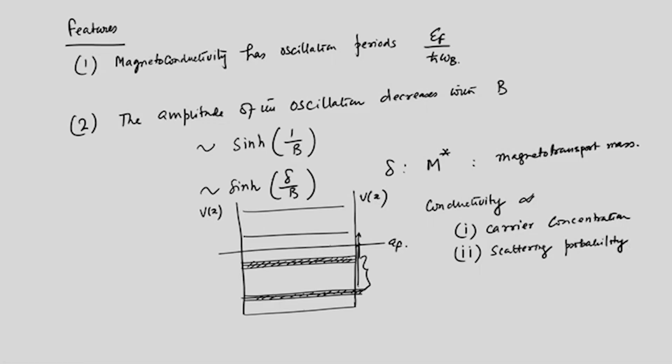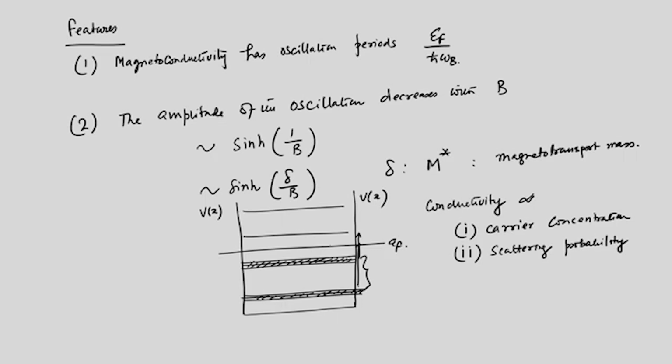So, if all the Landau levels are completely filled and the chemical potential or the Fermi energy lies above a few such levels, here I have shown 2 such levels, then of course there is nowhere the electrons can scatter to, because there are no available states.